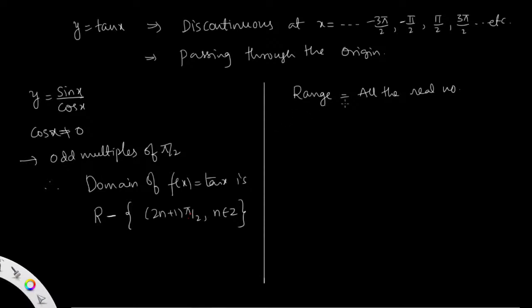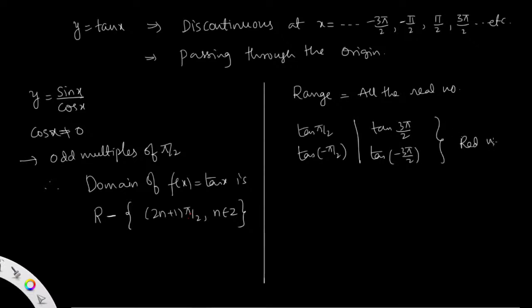So the range is all real numbers, except at tan pi by 2, tan of minus pi by 2, tan of 3 pi by 2, and tan of minus 3 pi by 2. These are all not defined. That is, the red lines mean that it is infinity. These are not defined.